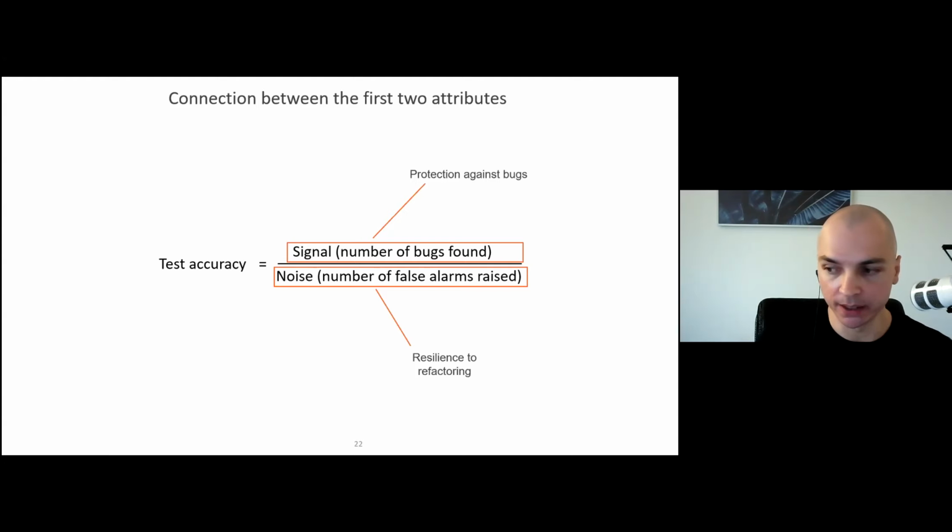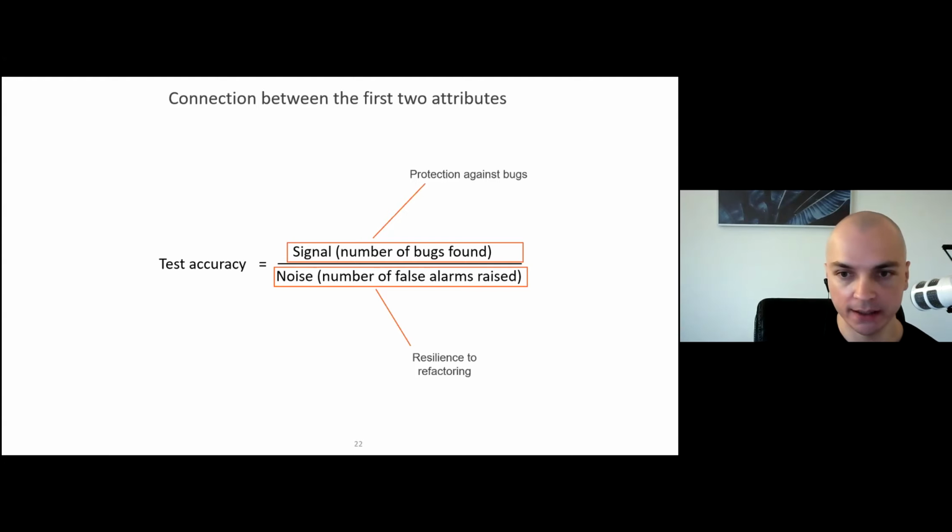If your test generates a lot of noise, you're not capable of differentiating between true noise and false noise. All that signal is lost in all that irrelevant information that your test generates.